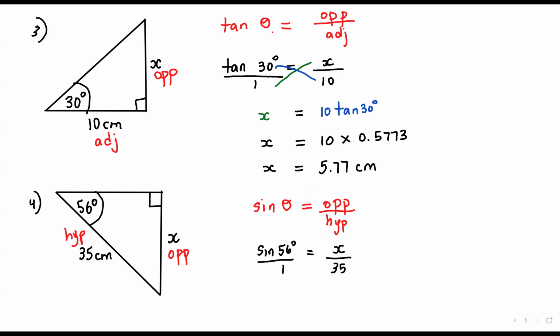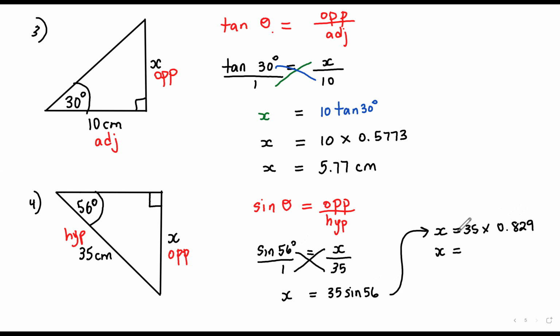So you cross multiply, x by 1 is x, and 35 times sine of 56 will be 35 sine of 56. Well, that means x is equal to 35 times whatever sine of 56 is. Sine of 56 I got as 0.829. So therefore, x is equal to 29.02.